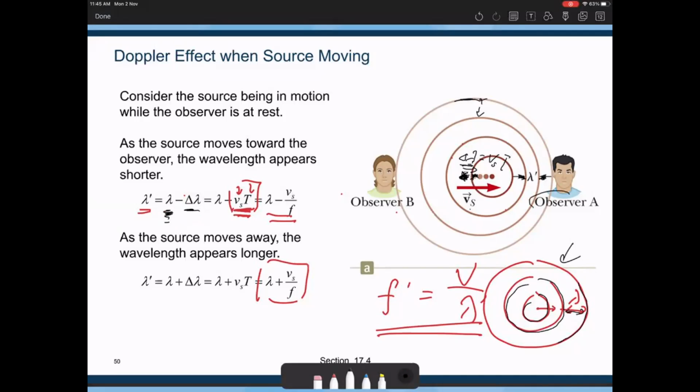That is on the side of observer A, where the source is moving towards observer A. Of course, on the side of observer B, where the source is moving away, it would be lambda plus delta lambda. Delta lambda, as I just explained, would be equal to vs times T. So we could write down the new apparent wavelength for observer A and observer B.